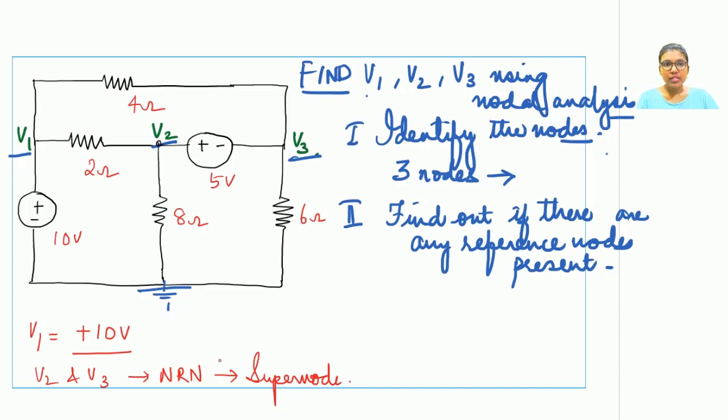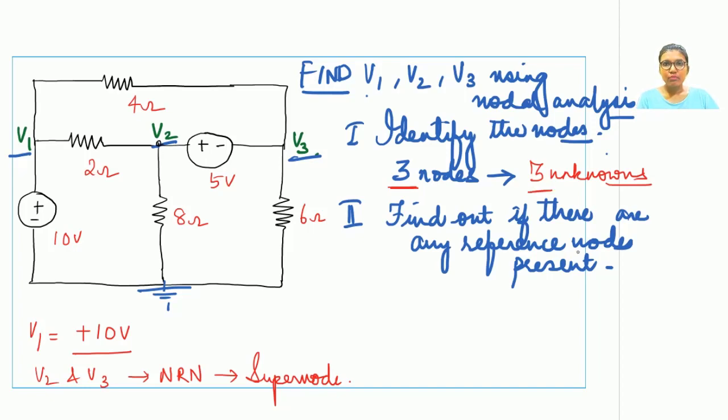The advantage is, when we started with our analysis, we figured out that there are 3 nodes. 3 nodes means there are 3 unknowns, which implies we need to write 3 equations in order to find out all the 3 values. However, the moment we figure out the presence of a reference node, the value is immediately known to us.